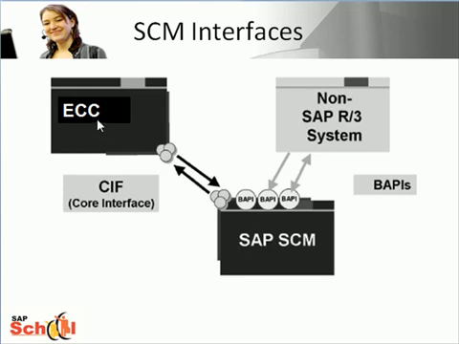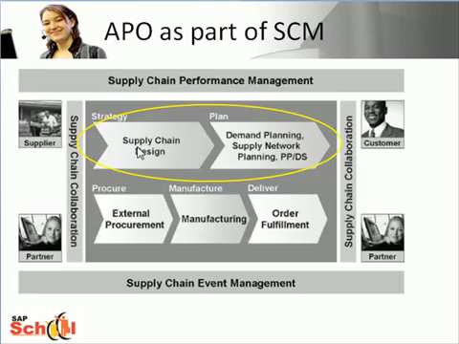The work centers and capacities become resources. In SCM, you can select various models for planning the production. Now we will have a quick look at the supply chain design within an SCM system and then move on to planning.